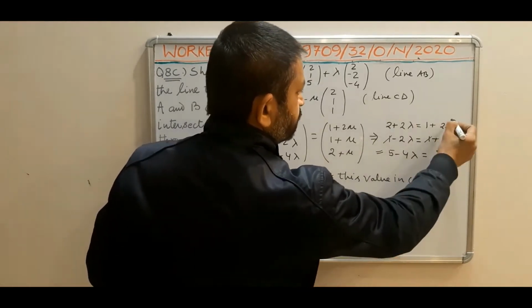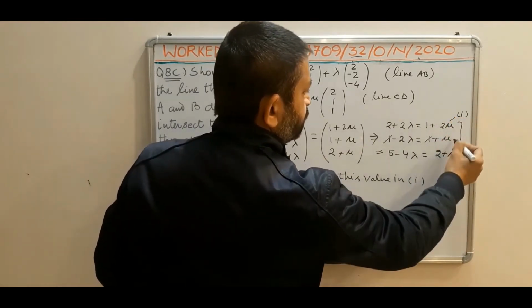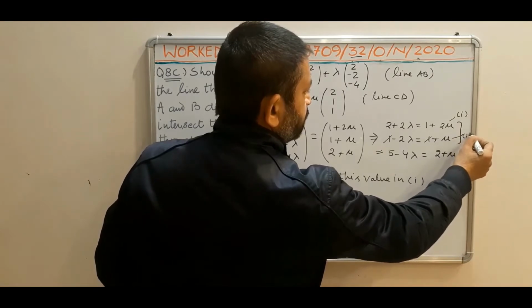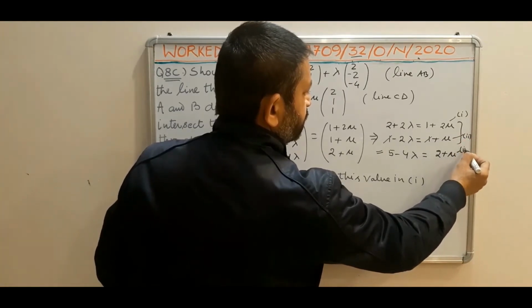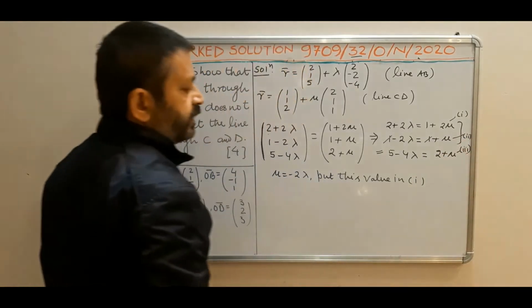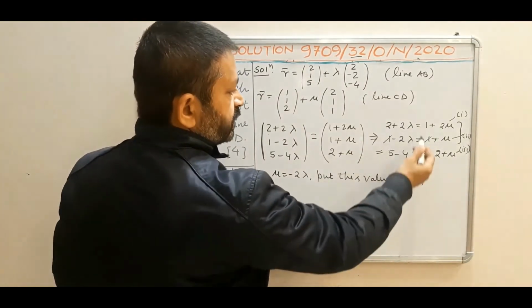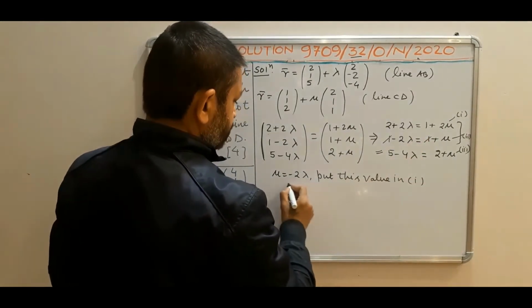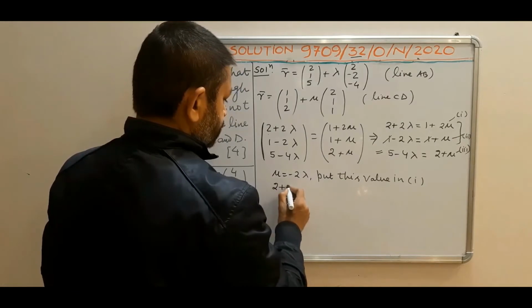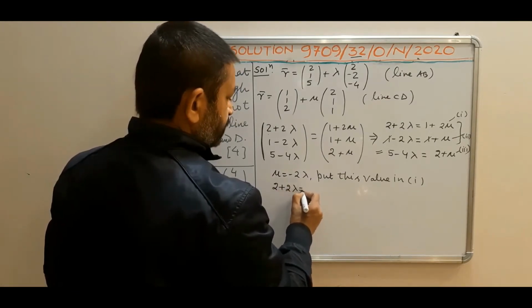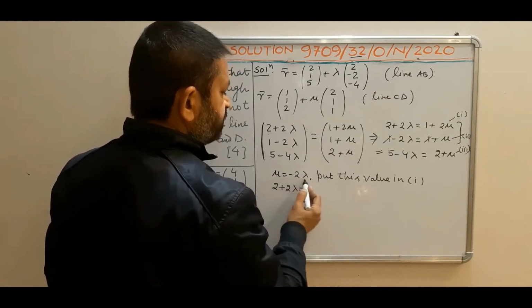So 2 plus 2 lambda is equal to 1 plus 2 mu, with mu as minus 2 lambda.